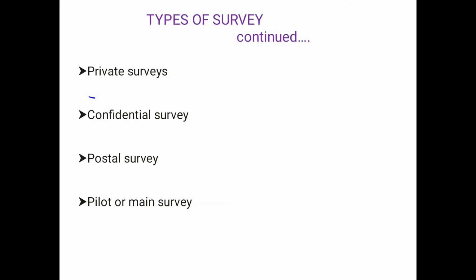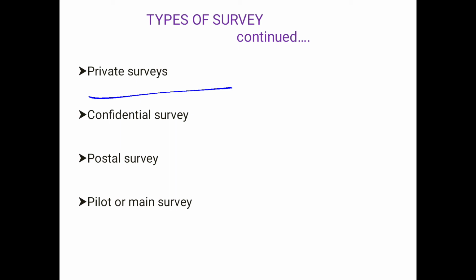Next method, private survey. The private survey is just opposite to the public survey. In the case of a public survey, anyone who knows the web address of the survey may respond to it. But in the case of a private survey, only those people whom you specify may take up the survey.